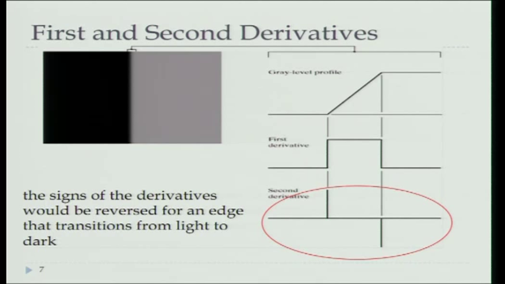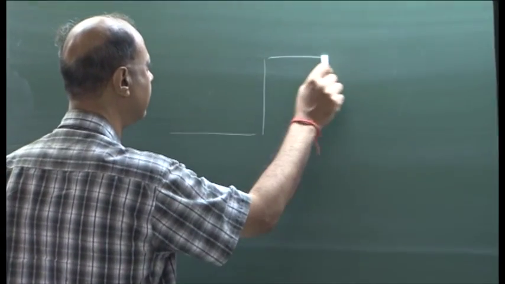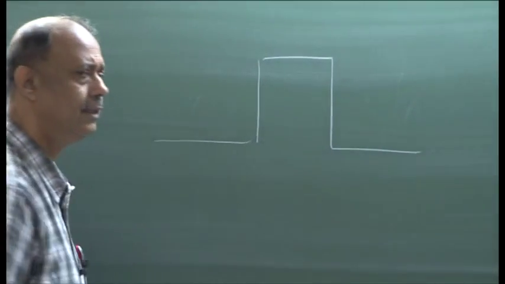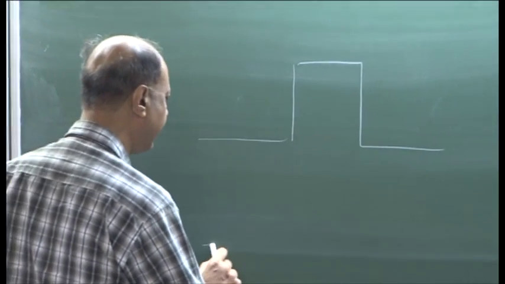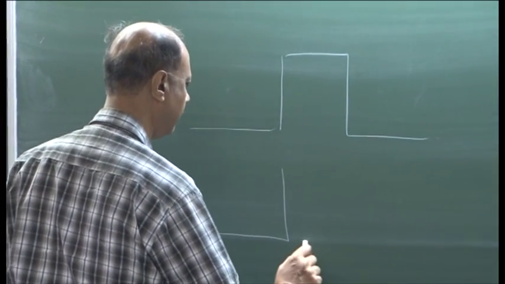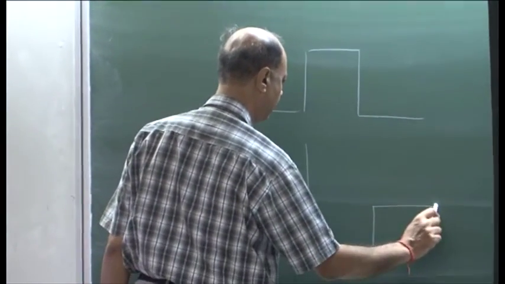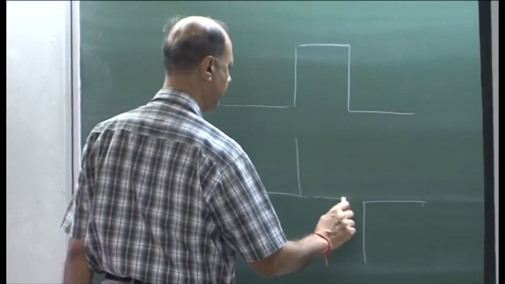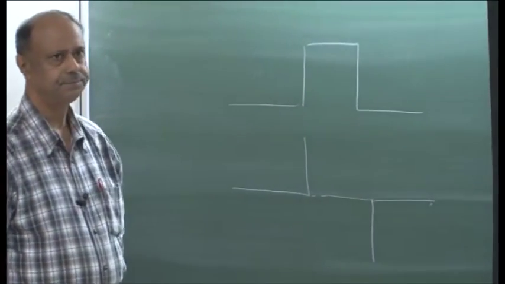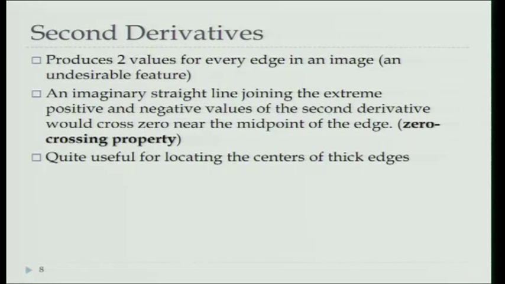See, now if I take, suppose this is the slope, then the first derivative will look like this, and while I take the second derivative, something like that, right. So, basically in the second derivative case, you get 2 points.